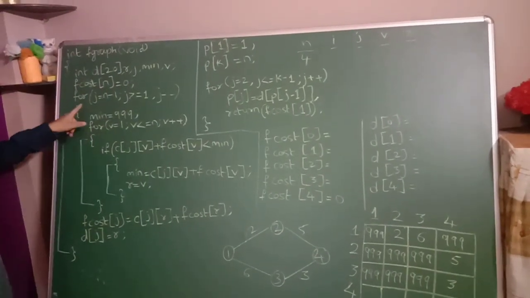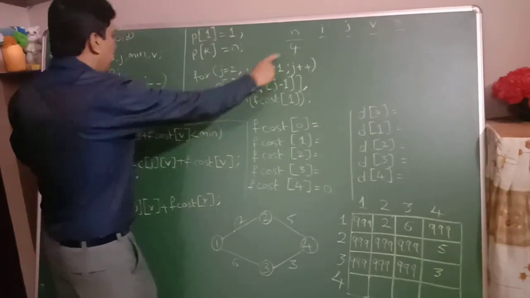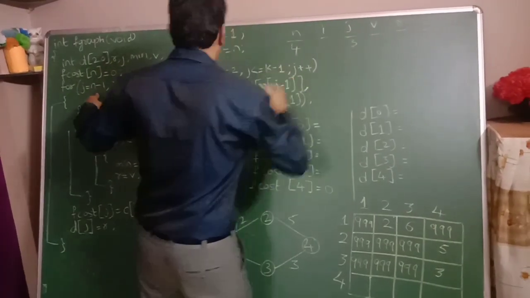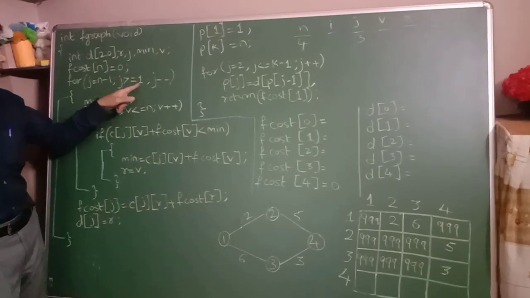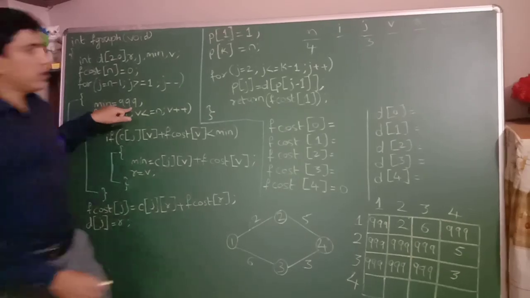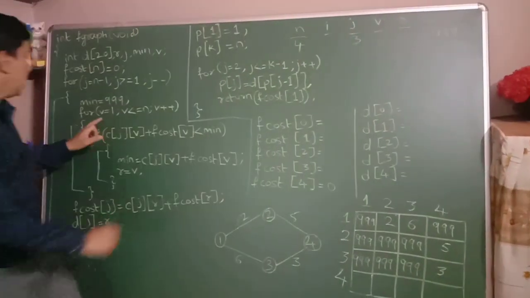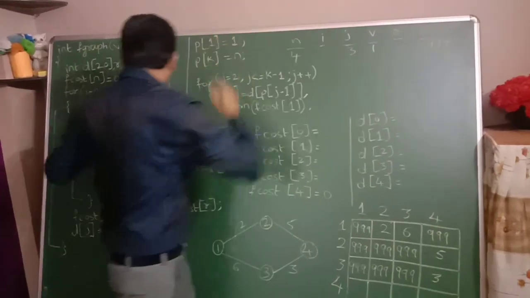Right? Okay. Then for j is equal to n minus 1. N value is 4, 4 minus 1 is 3. So j value is 3. Is 3 greater than or equal to 1, right? So the condition becomes true. min is equal to 999. Initialize the value of min with 999, right? Okay. Then for v is equal to 1. So the value of v here is 1, right?